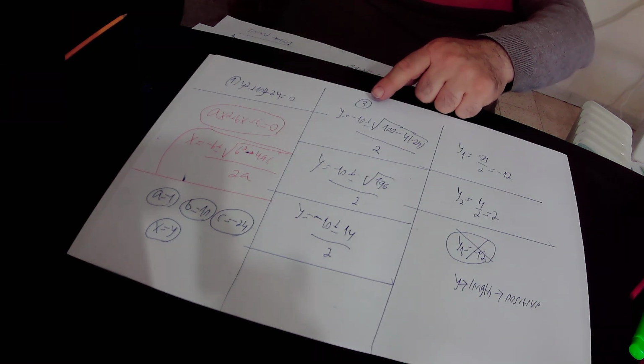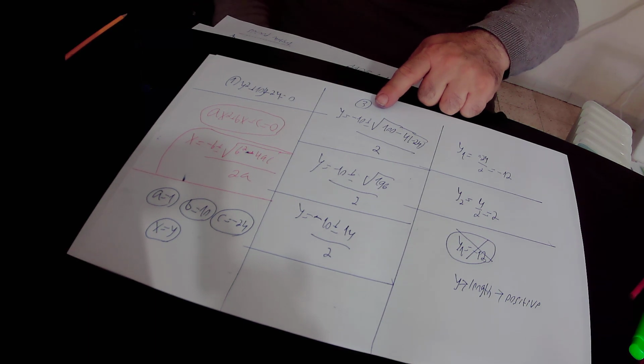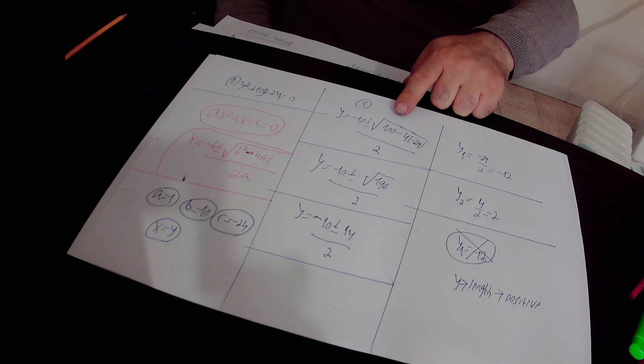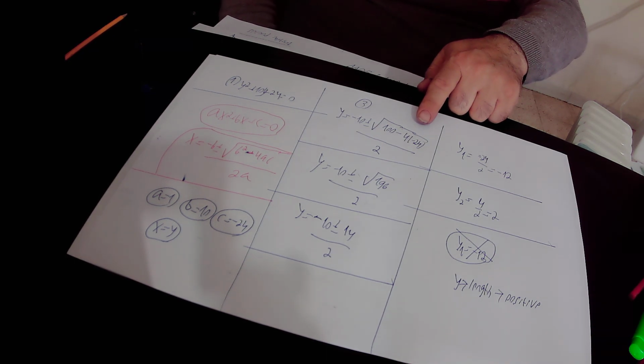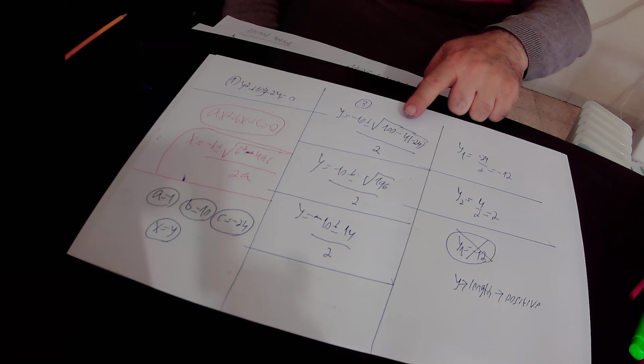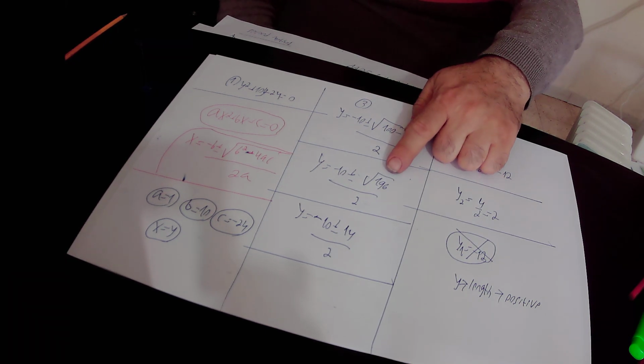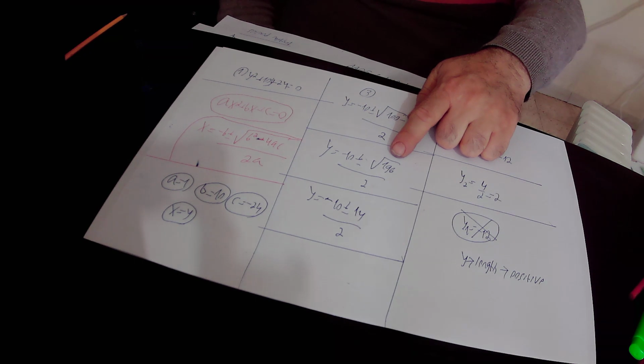Because x equals y equals minus b, b equals 10, so minus b is minus 10, plus minus the square root of b squared, b equals 10, so b squared is 10 squared, this is 100, minus 4 times a, which is 1, times c, which is minus 24. Minus 4 times minus 24 is 96, and 96 plus 100 is 196, and the square root of 196 is 14.